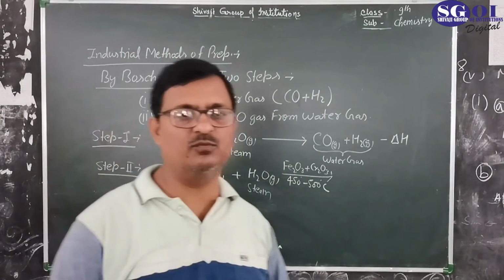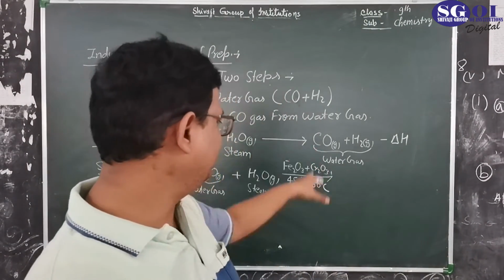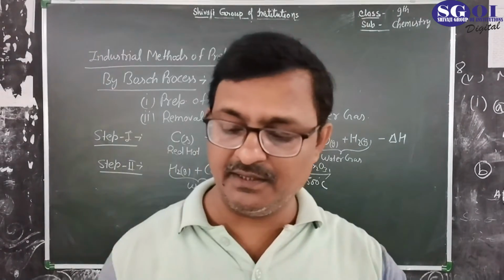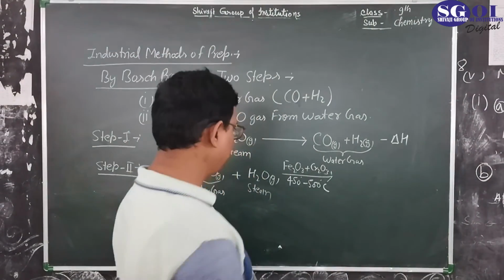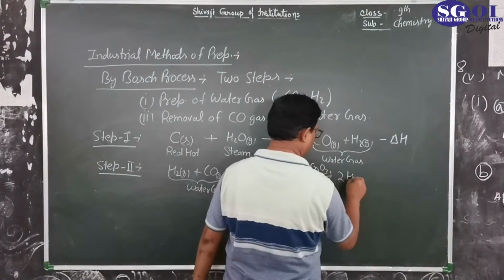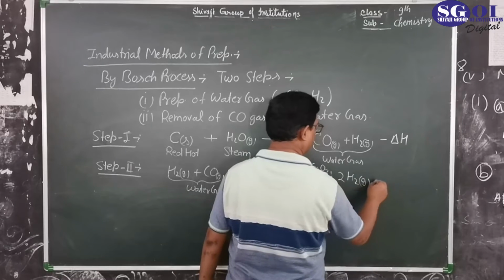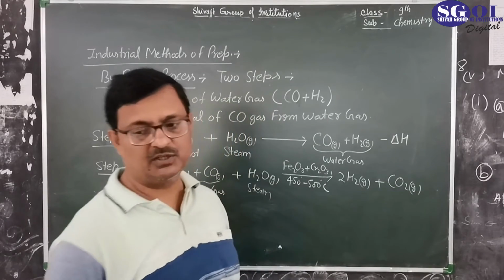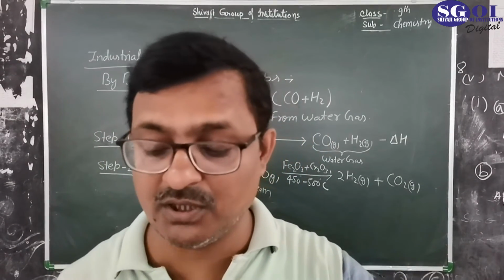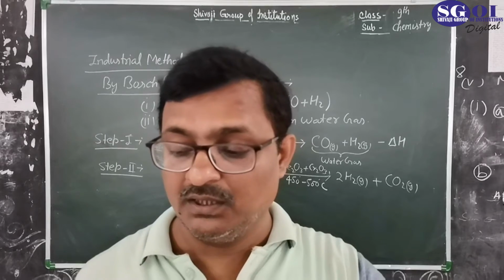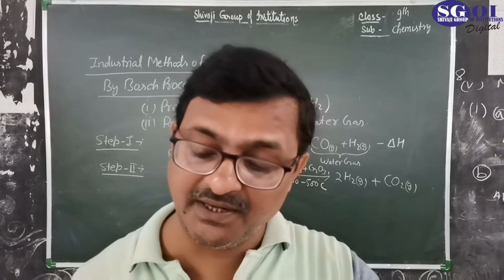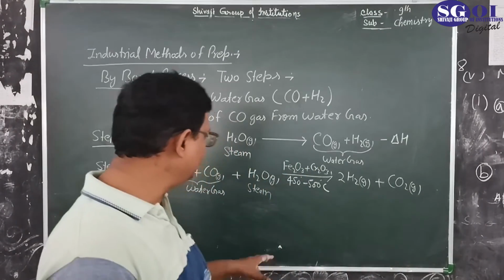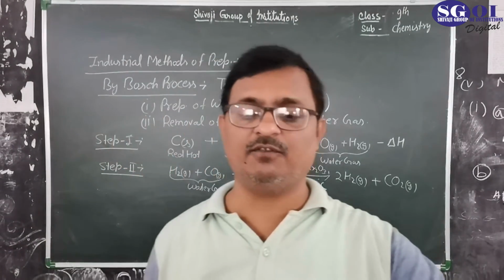This mixture is passed over the catalyst like Fe2O3 and Cr2O3 at 450 to 500 degrees centigrade temperature, so that a mixture of hydrogen gas and carbon dioxide gas, CO2 gas, is formed. This is known as the water gas shift reaction, meaning shifting of water gas.